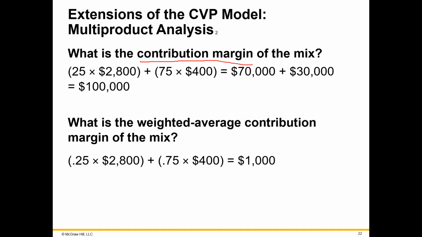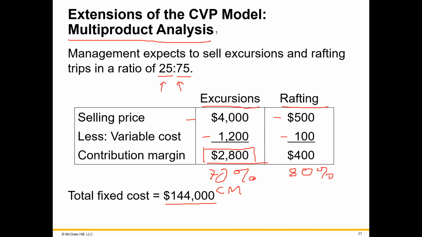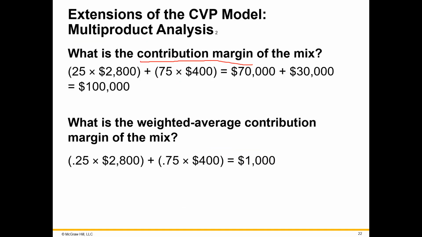So assuming that we sell 100 trips, 25 of those trips are going to be excursions, and 75 trips are going to be rafting. So 25 times 2,800 is going to be $70,000. 75 trips times 400 is going to be $30,000 for a total contribution margin of $100,000.